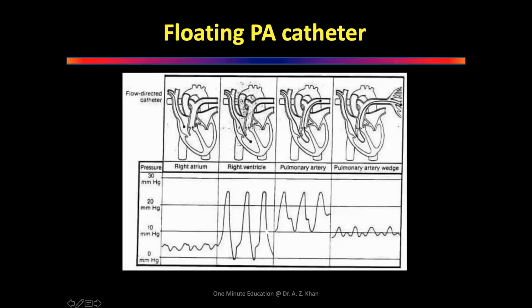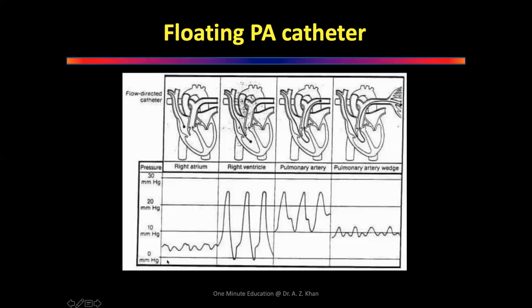And then when you keep floating it, it will wedge against the smallest pulmonary artery, whatever is the edge of the diameter. And the moment it wedges, you will get a trace just like a JVP, but this trace is the pulmonary artery wedge pressure, which is indirectly representing the left atrial pressure.